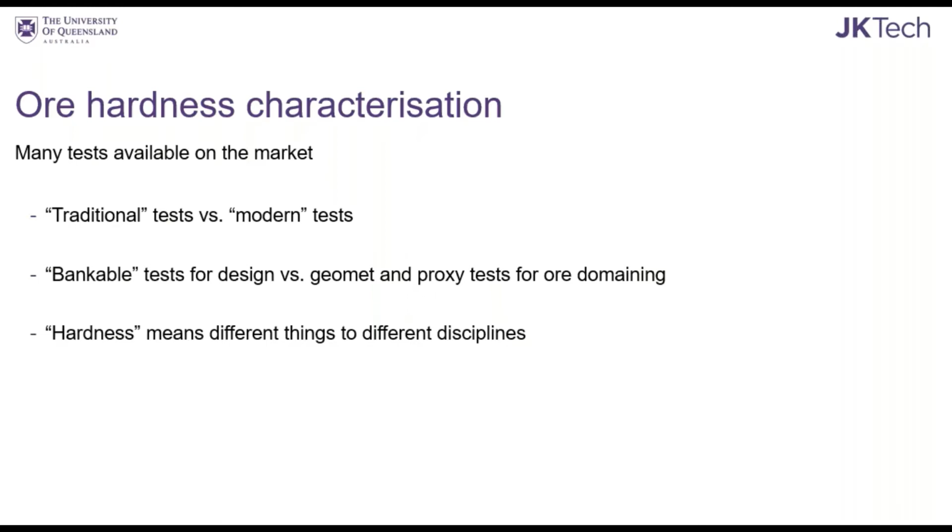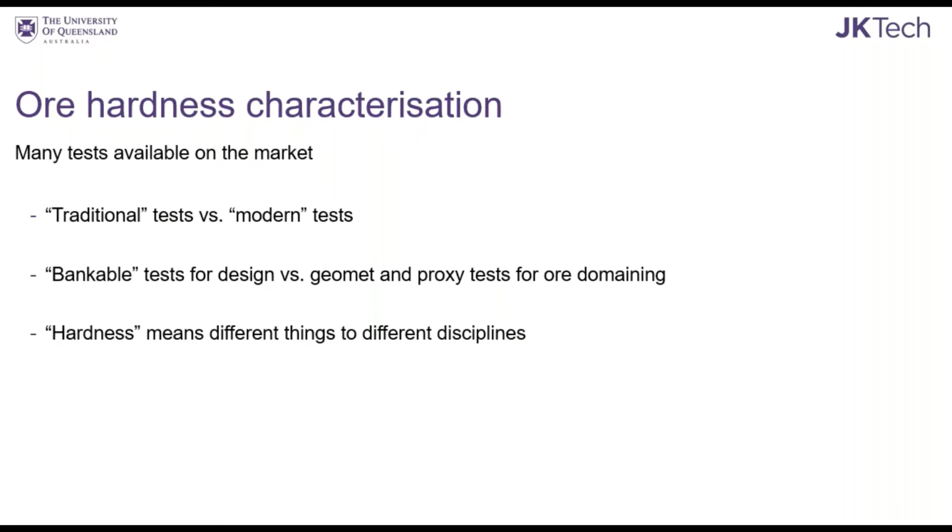So in the testing space, there are the traditional and the more modern tests to consider, and within that we have the different types of tests that we use for process design and exploring variability. Often we refer to those as Geomet tests, and those are the ones we'll look at today.